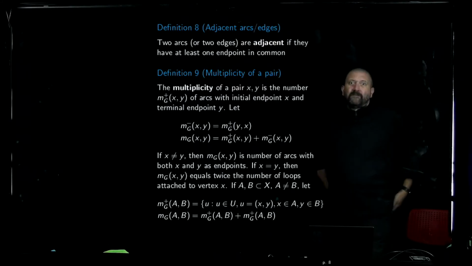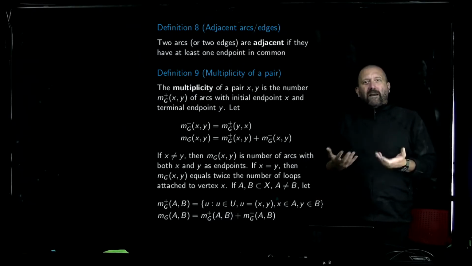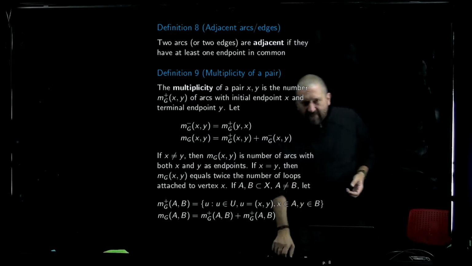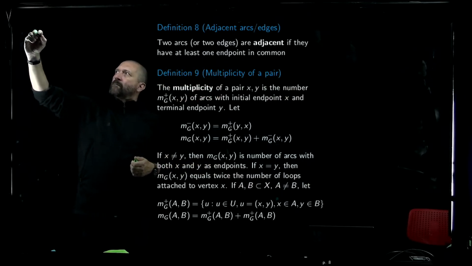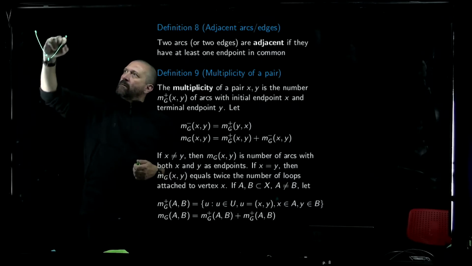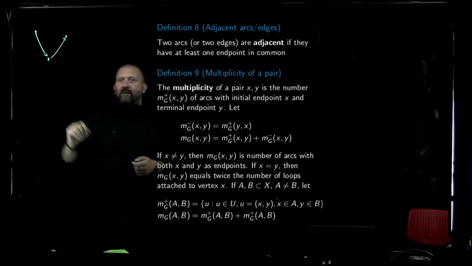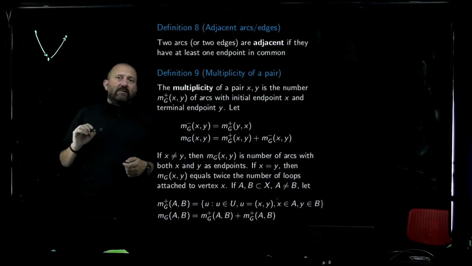Now, we say that two arcs or two edges are adjacent if they have an endpoint in common. Okay, so if I'm looking at this graph, these two vertices are adjacent because they have an endpoint in common.